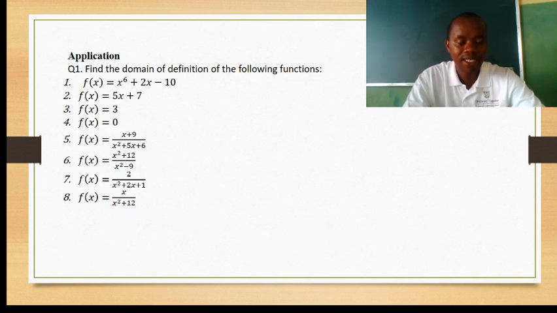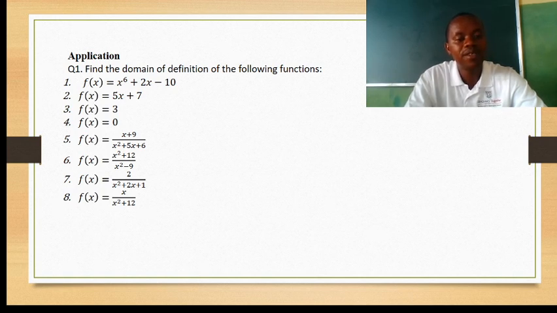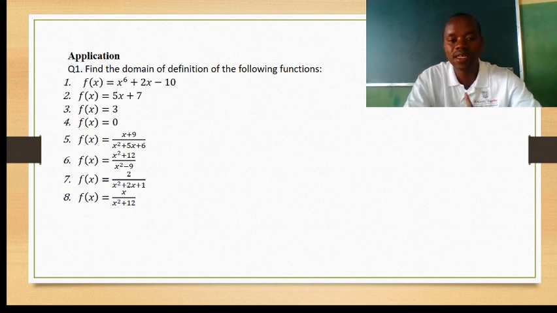For number 7, the numbers which make the denominator equal to 0 are, we have a double root, it is only -1, which means x1 is different from -1 and x2 is different from -1. The domain of definition will be the set of all real numbers except -1.